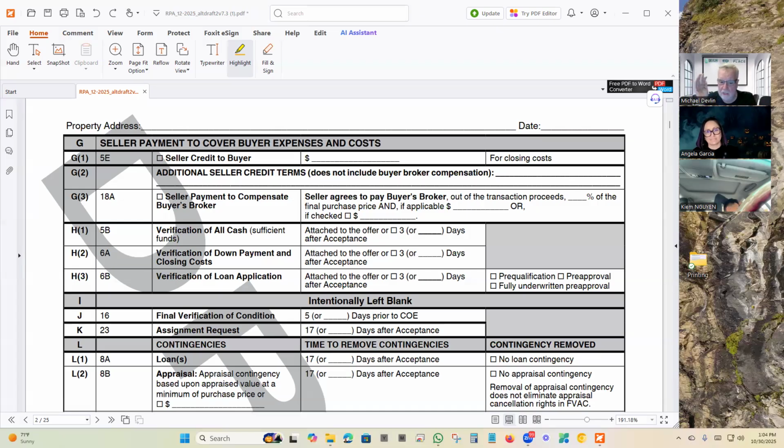Now, I'm not saying that we're all cows, but the reason they put in G2 is because they didn't want to renumber the section. Because real estate agents have now hardwired into their brain that the commission is in 3G3. And if they took out 3G2 and made 3G3 into 3G2, some real estate agents' brains would explode, right?